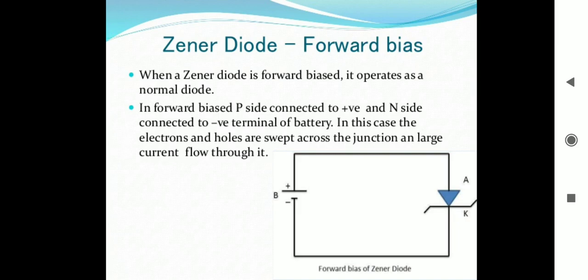While writing the working principle, you can divide it separately into forward bias of the Zener diode. In that case, you have to draw this diagram for the forward bias condition.